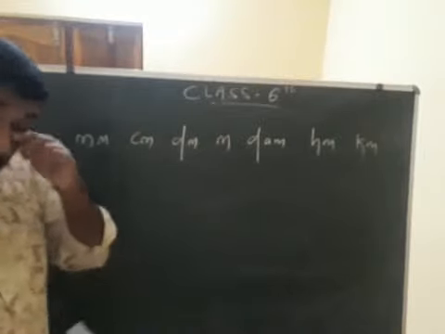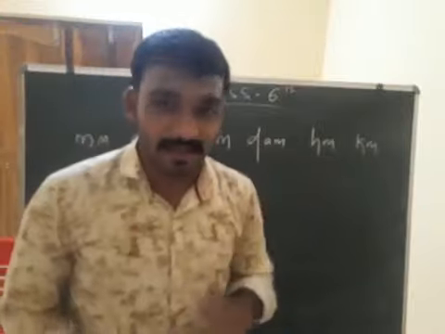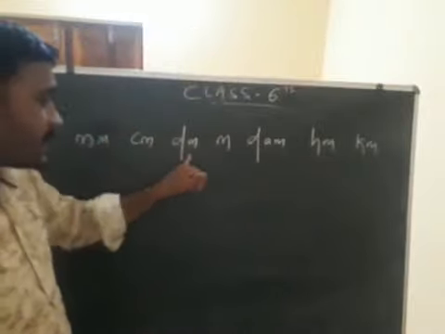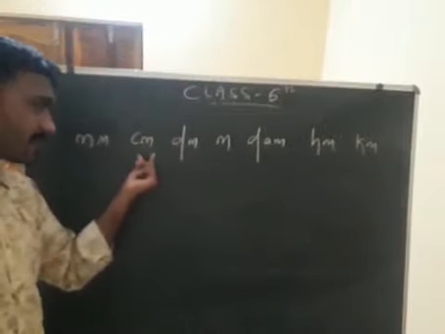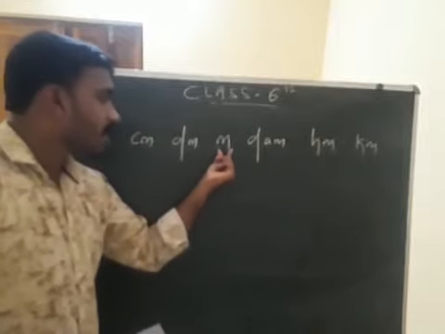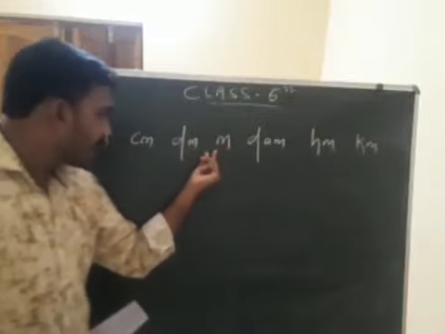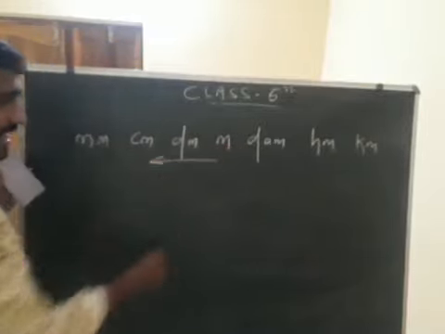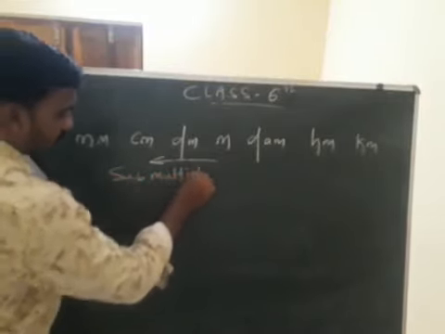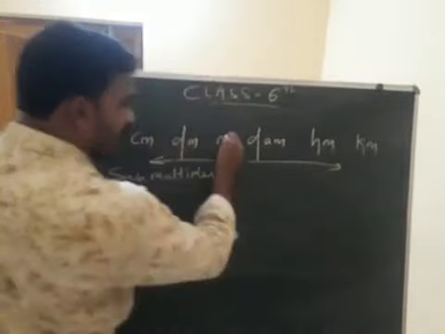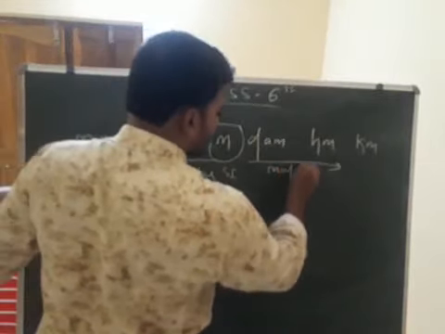Already you have learned about these: mm means millimeter, cm means centimeter, dm means decimeter, m means meter. This is the SI unit. Below the SI unit, on the left side, these are the submultiples, and on the right side of the SI unit, meter, these are multiples.